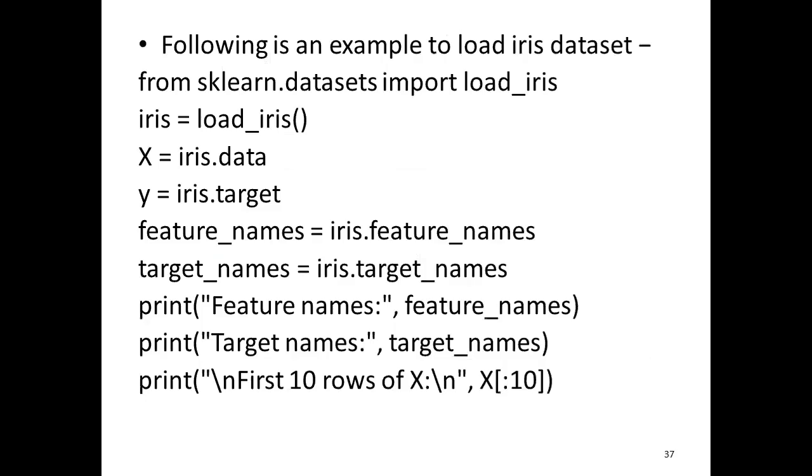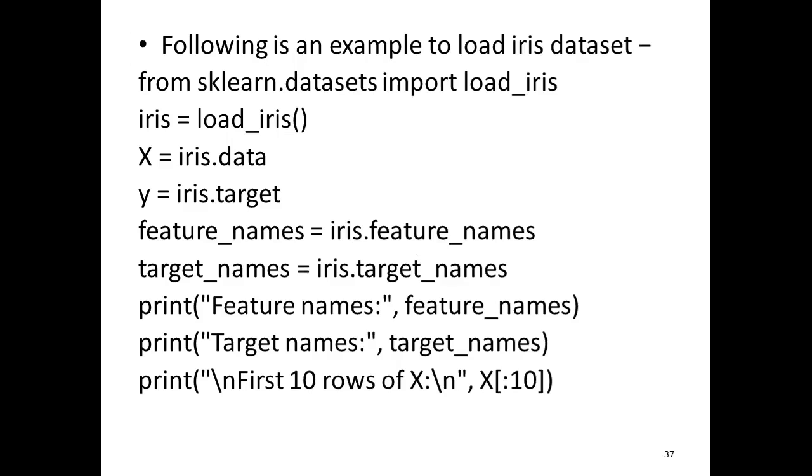How to load the dataset? From sklearn.datasets import load_iris. It is built in, so you can directly use load_iris. Here X is the feature variable, the input, and Y is the output variable. iris.data represents all the features and iris.target represents the output variable.